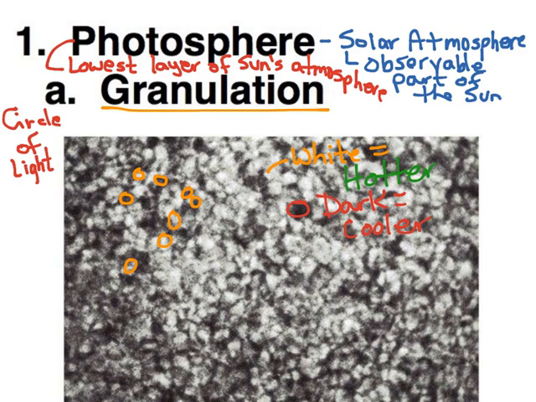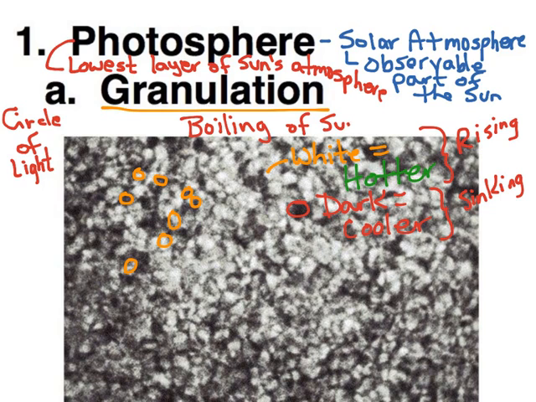And what's happening is the hot material is rising and the cool material is sinking. So we are seeing basically the boiling of the Sun's surface. And so you're seeing material rise and sink in the same kind of motion that you see in boiling water.